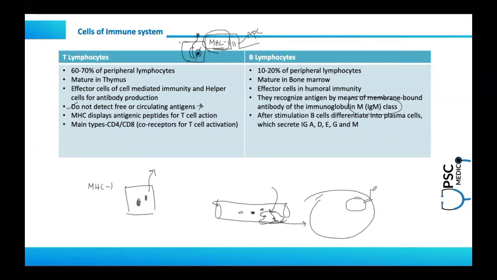The specialty of the B cell is that it has surface immunoglobulins, that is the marker. The IgM present on the B cell takes the antigen. After interacting with the antigen, the B cell will now release antibodies into the circulation. That is humoral mediated immunity.